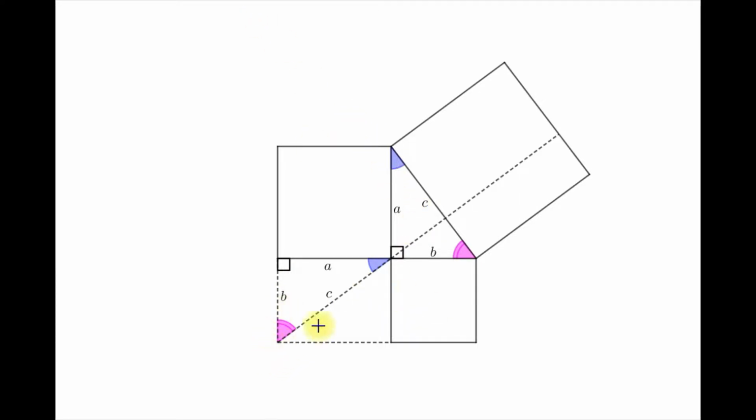Now, if I extend that diagonal right through the triangle and right through the bigger square, look what happens. This angle over here is opposite to this guy, so it's exactly the same. And now if I look at this little triangle here, it shares two of the angles with this other triangle. And we know that angles in a triangle add up to 180 degrees, which means that that third angle has to be exactly the same as well.